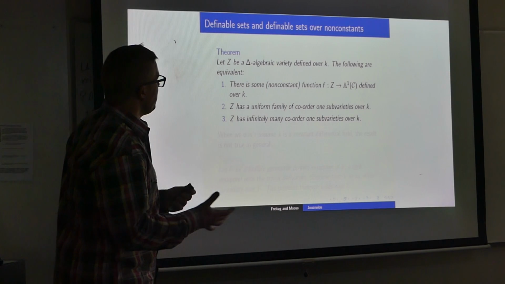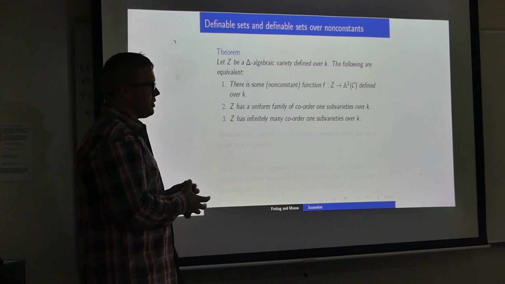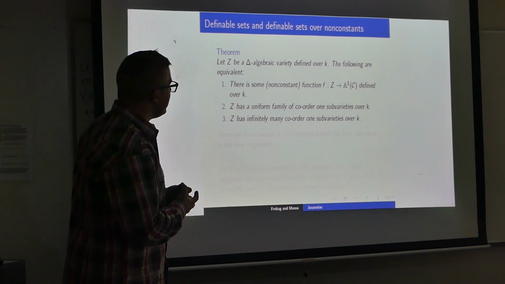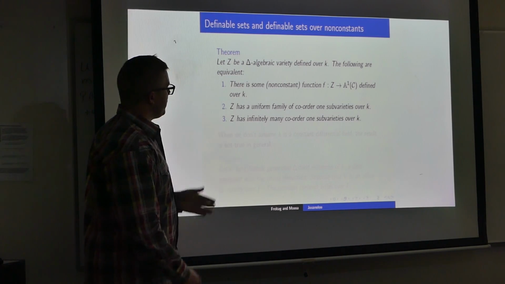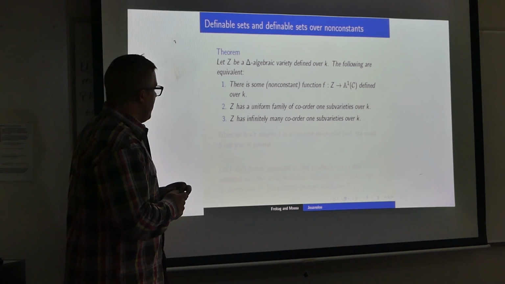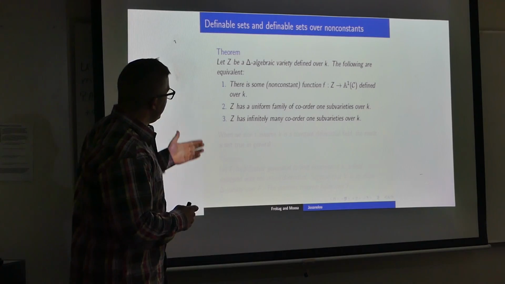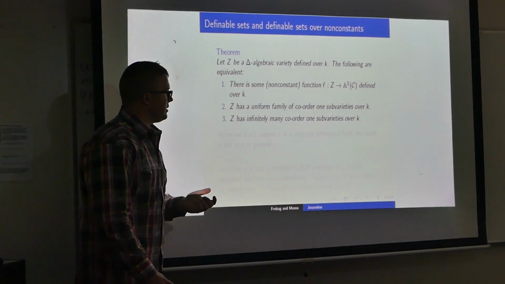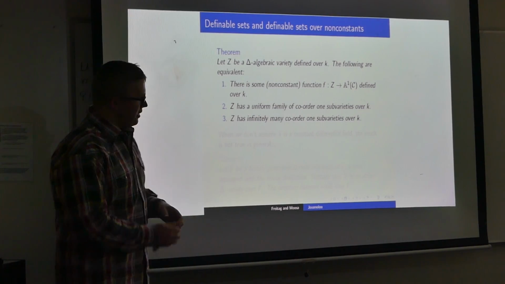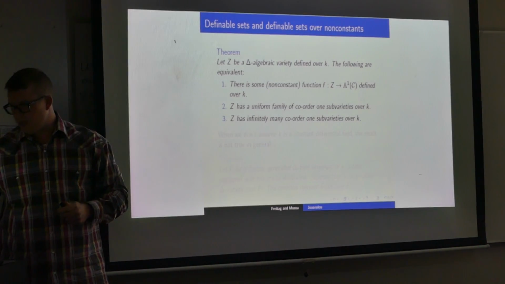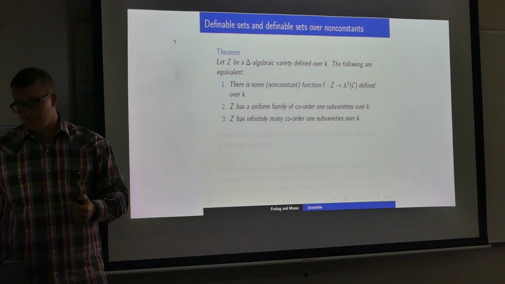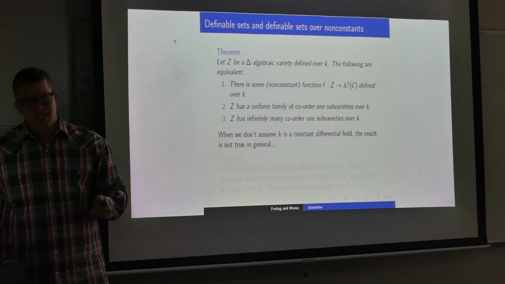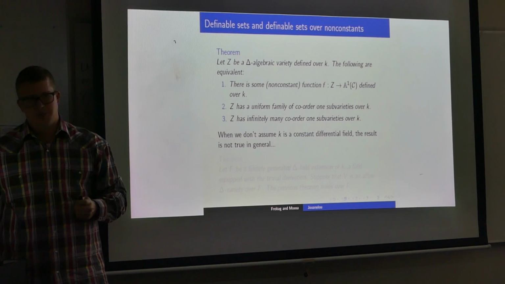which is somewhat more satisfying if you're really interested in differential algebraic varieties. So, following our equivalent. And here, recall that I equipped little k with the constant derivation. And so, as I mentioned before, when little k is not the constants, there's no reason for this to be true in general at all.